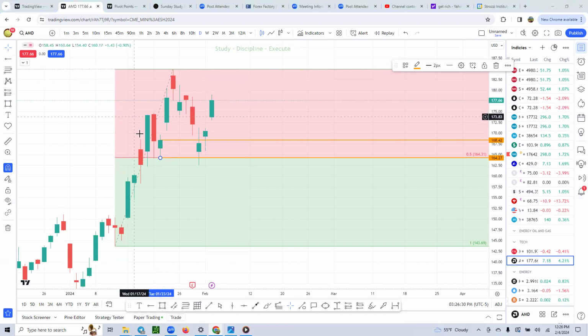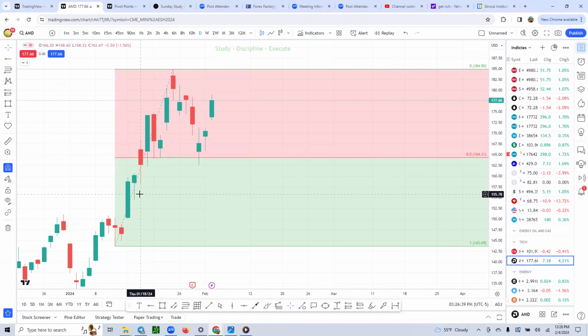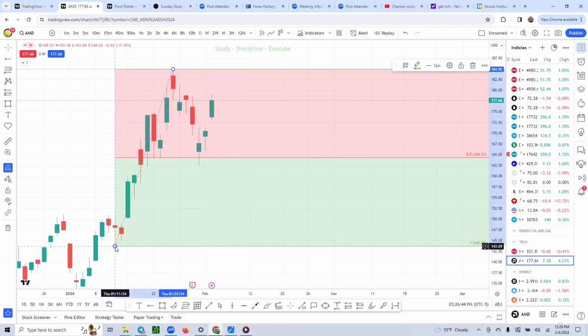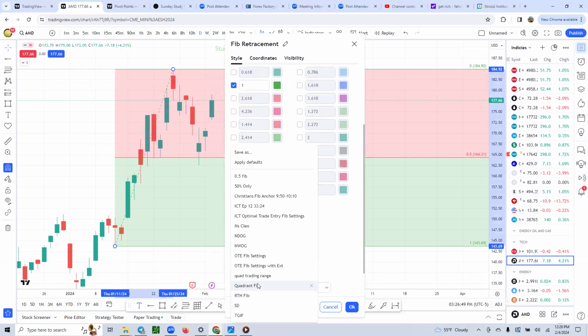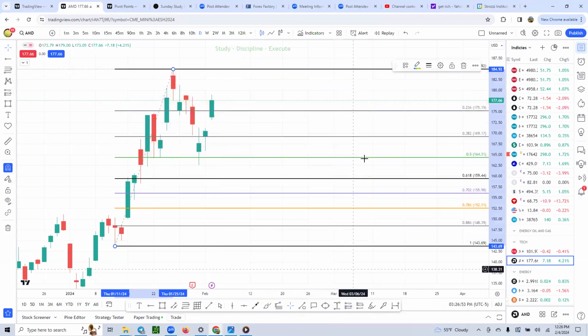Yeah, thank you. So that's the benefit of using the fib. If you don't use the fib for anything else, use it to know when you're in a premium or a discount. And this particular fib I like because of the colors. But you can use any one because the main thing is that you want to see equilibrium.